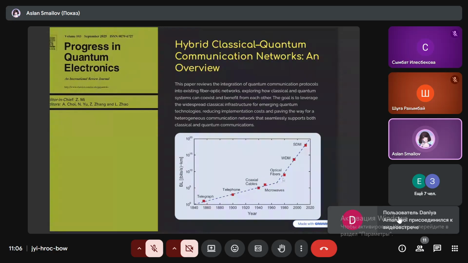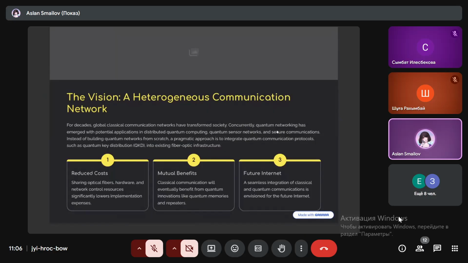And the next one is the optical fibers, that are widely used in the communications, like the networks that we have today with WDM and the CDM right now. Okay, let's move on. Okay, the vision of the heterogeneous communication network.